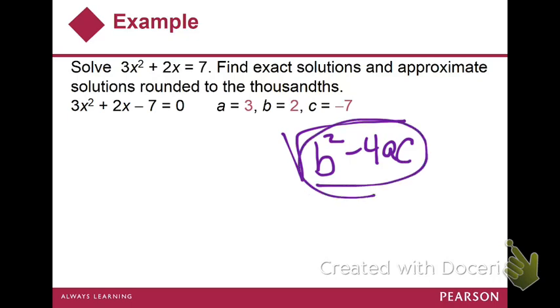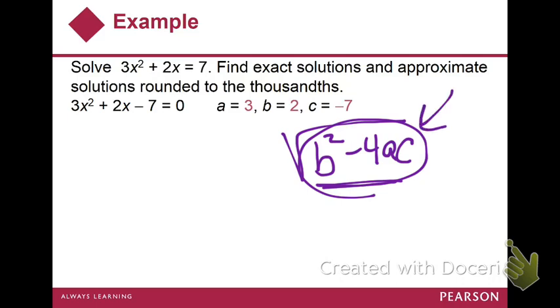Well, this, when you work that out, is actually called the discriminant. The discriminant is not something that I would normally teach just by itself, but you have to find it anyway when you use the quadratic formula. I know it's kind of a weird name, but it is defined as what's underneath the square root, b squared minus 4ac.